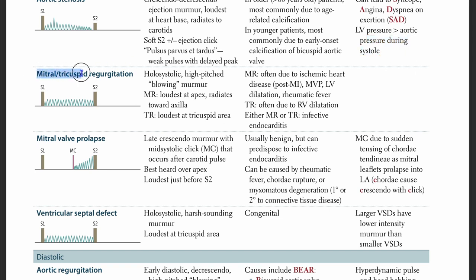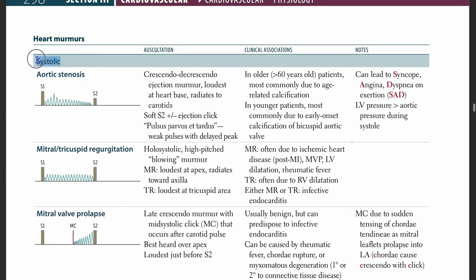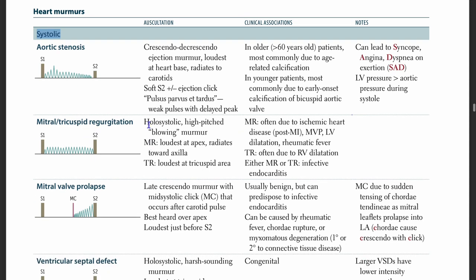Then you have mitral and tricuspid regurgitation. These are your holosystolic ones, so that's easier to remember. This and this is your holosystolic. Mitral is going to be at the mitral area, tricuspid is going to be at the tricuspid area, and they are going to be holosystolic, right?